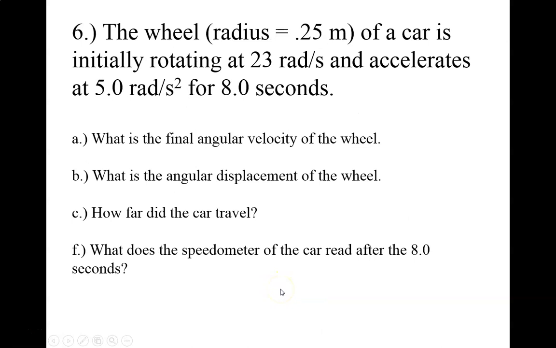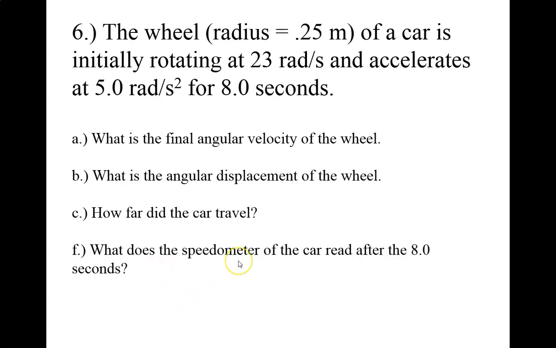Okay, let's work a problem that uses one of these equations, just so you can see how it works. So we've got a wheel, radius r equals 0.25 meters. The wheel is initially rotating at 23 radians per second, so we've got omega 1, and accelerates at 5 radians per second squared, so that's my angular acceleration, alpha, for 8 seconds, so we've got t.